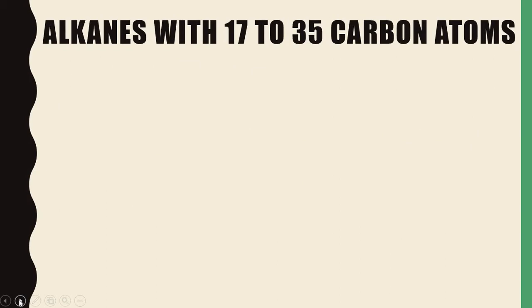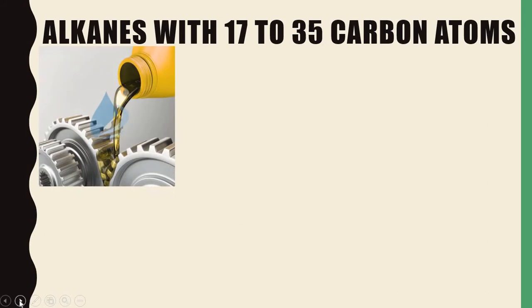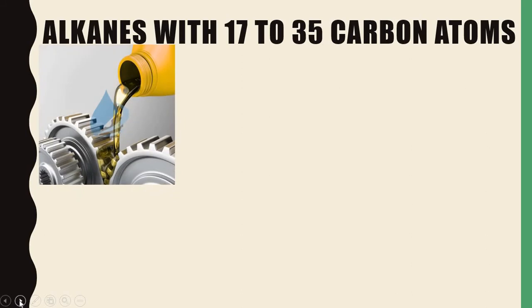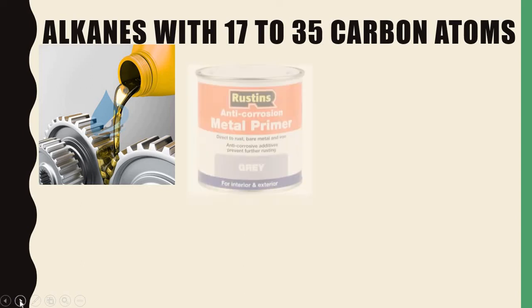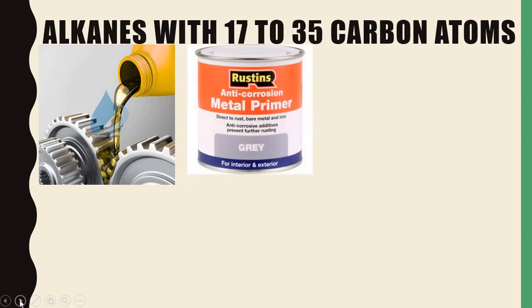Next is alkanes with 17 to 35 carbon atoms. They form the major components of lubricating oil. Para hindi maganit yung kapit ng mga gears, nilalagyan siya ng lubricating oils. And they also act as anti-corrosive agents. Ano naman ibig sabihin ng anti-corrosive agents?